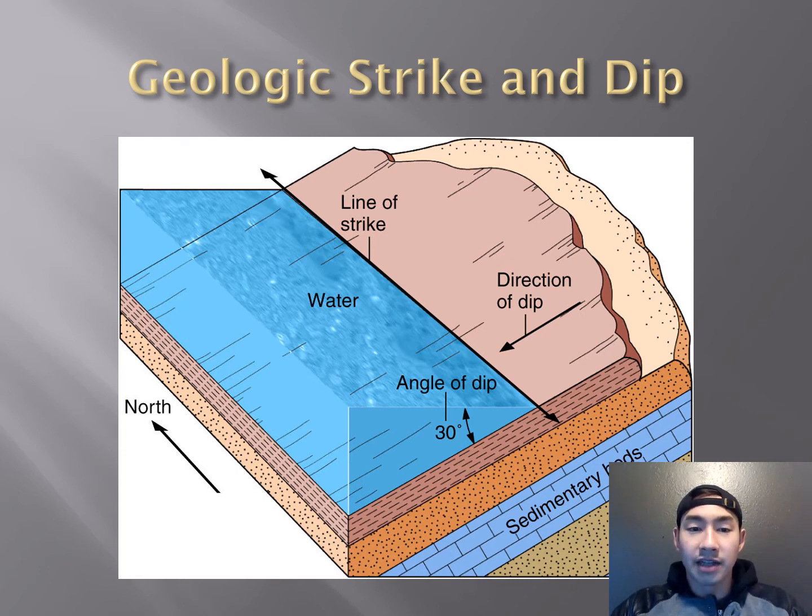So with that, we have the introduction of geologic strike and dip. The dip is the tilt degree and tilt direction, and the line of strike is perpendicular to that dip direction. So it would be, if you will, the axis along which that structural plane is being moved.